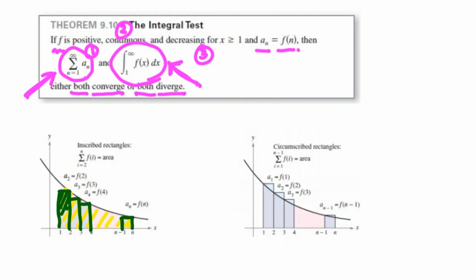That makes sense? Even when the Riemann sum rectangles are overestimated, it's the same thing. When the area under the curve converges, the sum of the rectangles also converges. If the area under the curve diverges, then the sum of the rectangles also diverges.